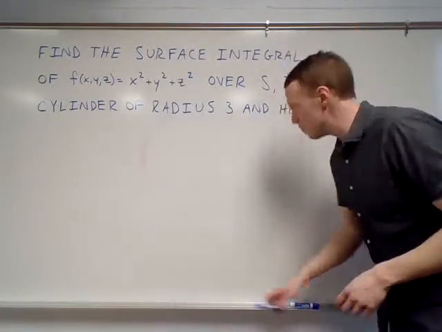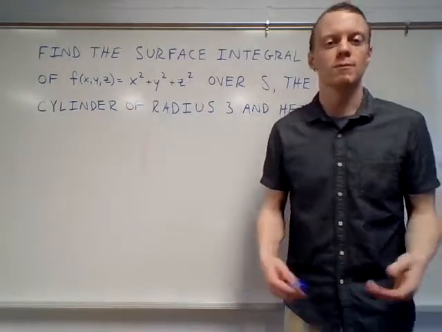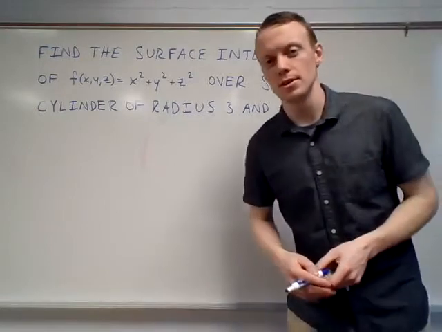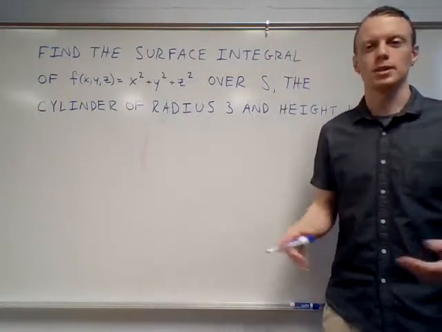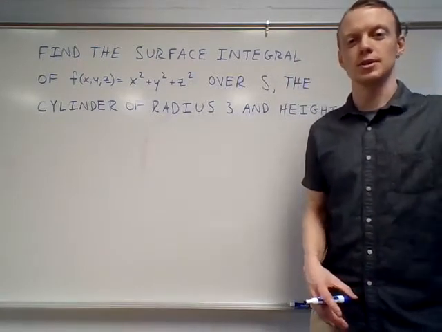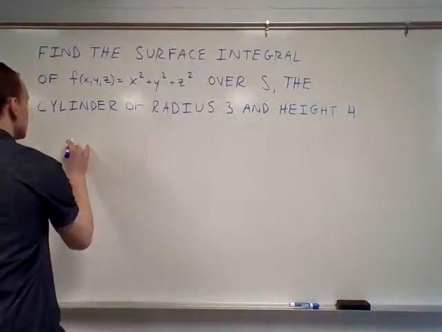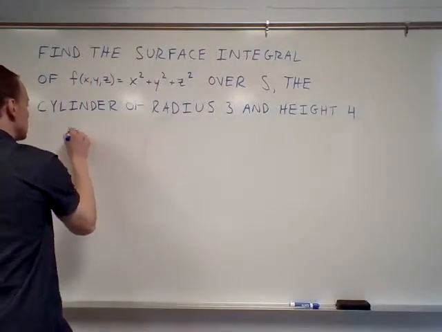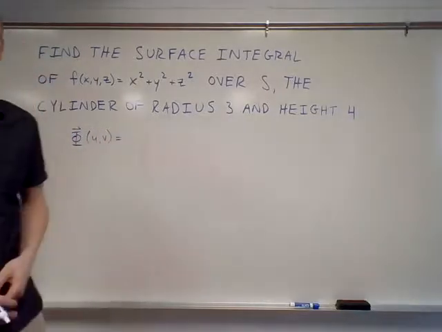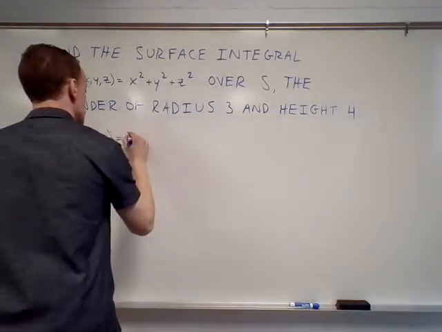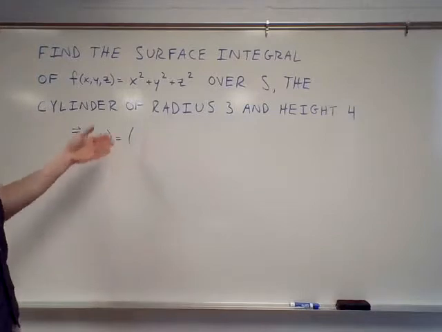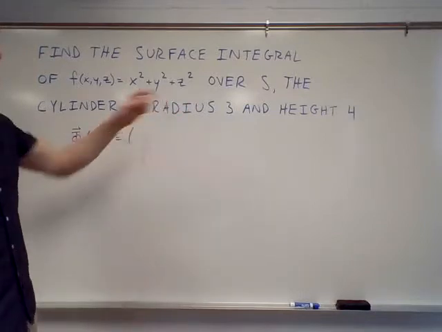So first up, we need the parameterization for our surface S, for this cylinder. The basic parameterization for a cylinder with a certain radius and a certain height is going to be capital phi hat of u comma v equals, now in the x coordinate, it's r times cosine u, but in this case our radius is 3.